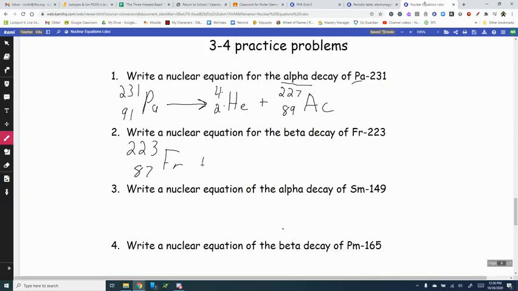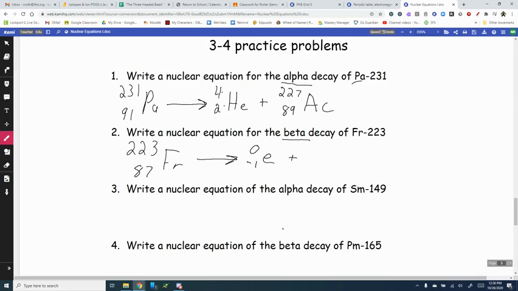Oh, not a plus. Sorry, don't know why I did a plus. We do our arrow because that's going to decay into 2 things. Now, for beta decay, the particle for beta decay is 0, -1, e. And then we are going to do our product.